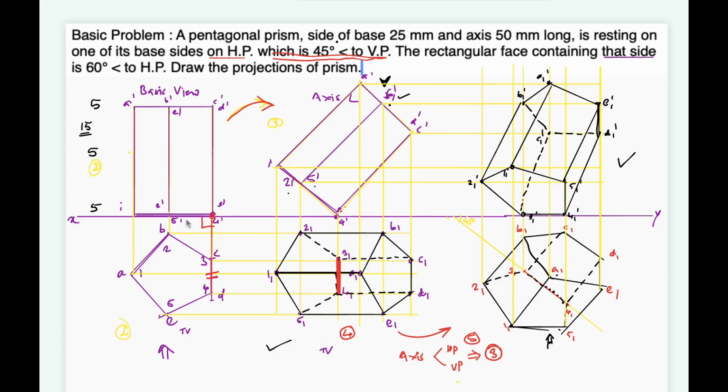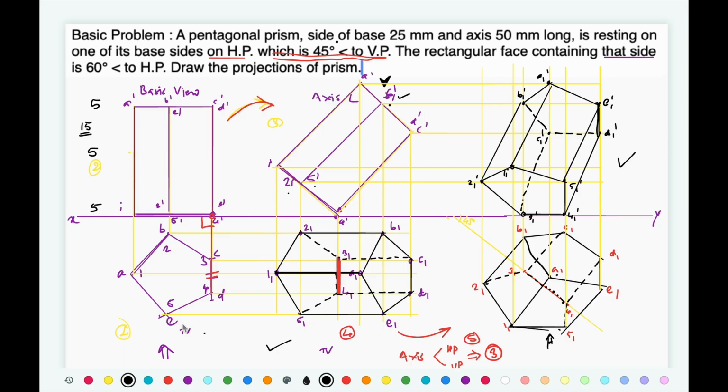In this example, step number 1 is going to be a basic view. Step number 2 is going to be axis inclination, and step number 3 is going to be other inclination.